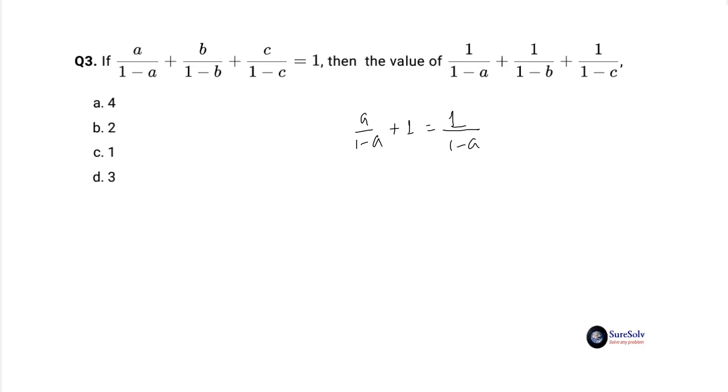In total then, we would add 3 ones to 3 terms of the given expression LHS and also add 3 to the RHS. Let's show you. A by 1 minus A plus 1, plus B by 1 minus B plus 1, plus C by 1 minus C plus 1 equal to 4.